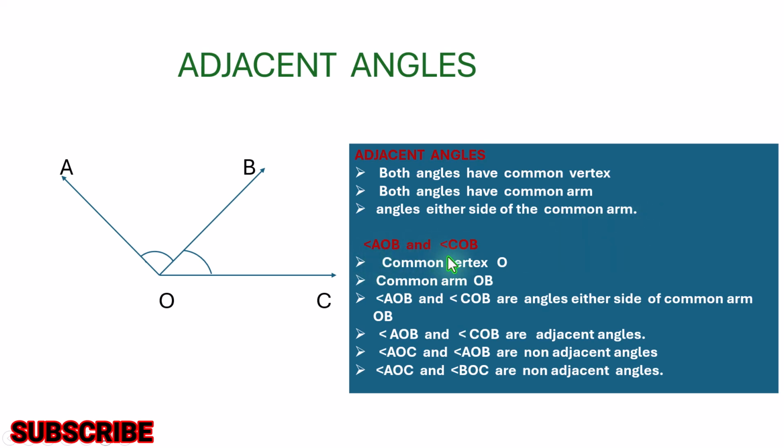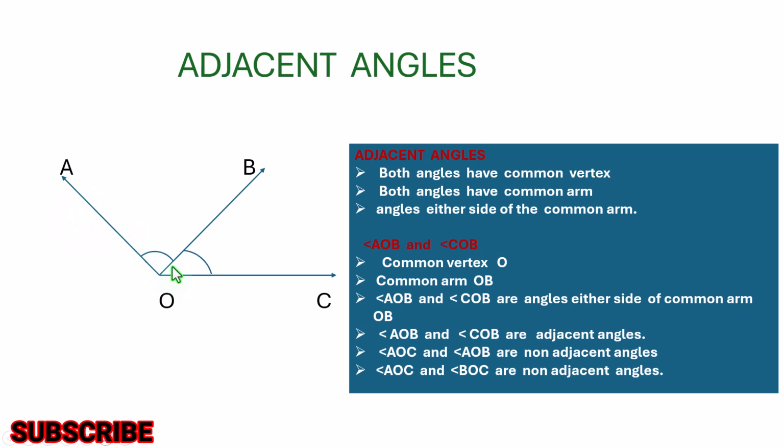Consider angle AOB and angle COB. The common arm is OB, the common vertex is O. Angle AOB and angle BOC lie on either side of the common arm. So these two angles, angle AOB and angle BOC, hold all three properties.